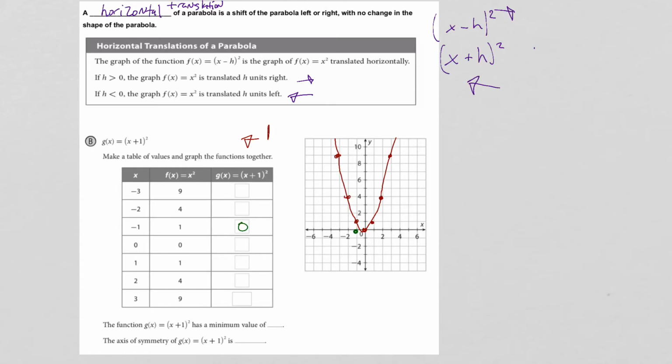And instead of -1, -1, we're at -2, 1. You can kind of see this shift occurring. -3 is going to be at 4.